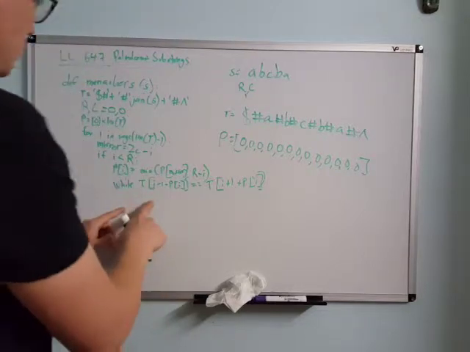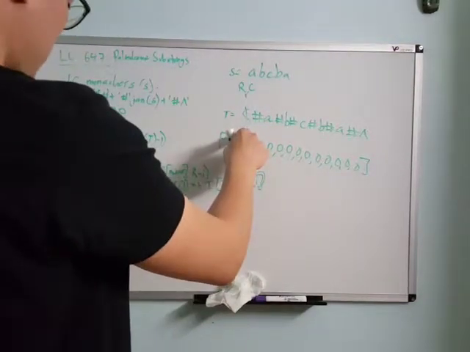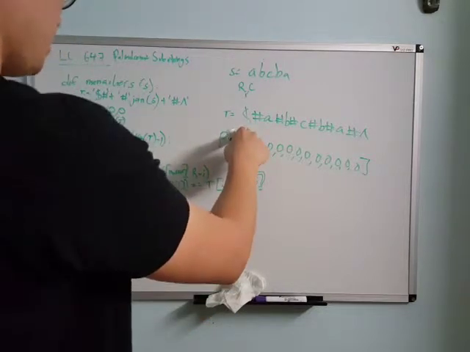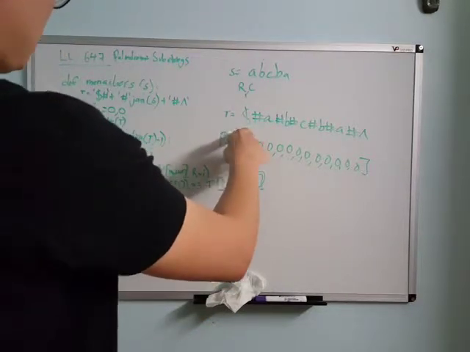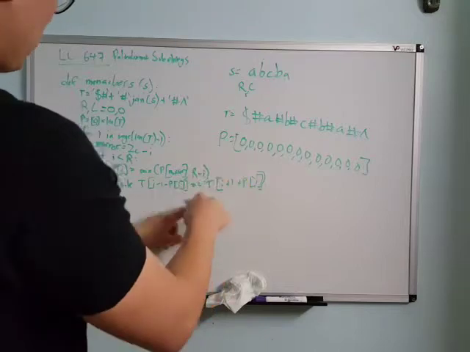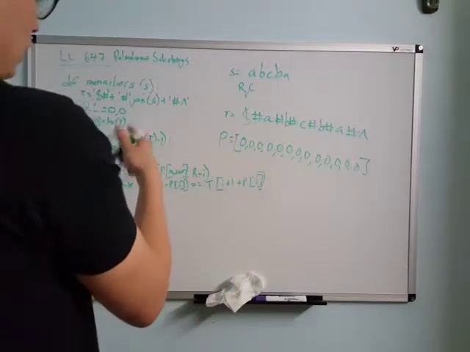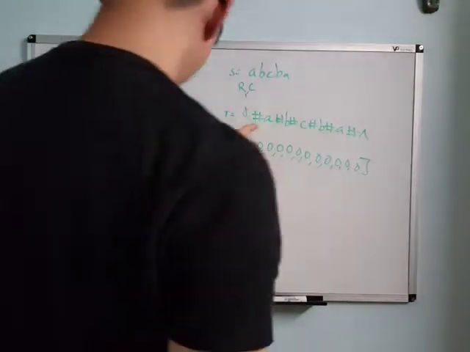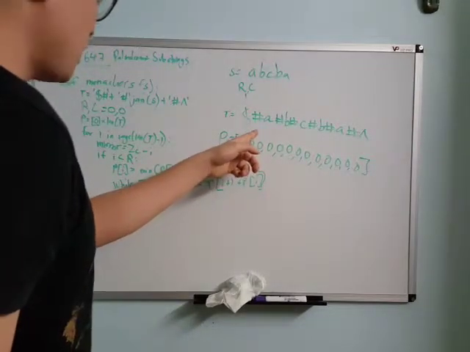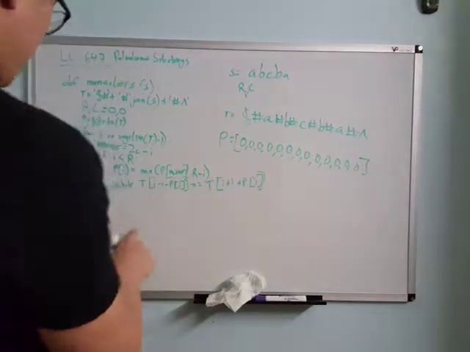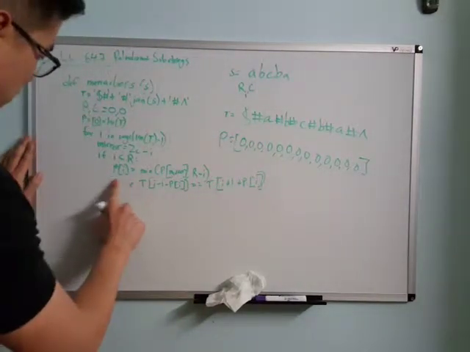So this means we're at index 0 here. T of I is 0 and p of 0 is also 0. Well, they're equal to each other. We wouldn't even start at index 0, so we could start at 1. Actually, it wouldn't matter. And this should be out here.